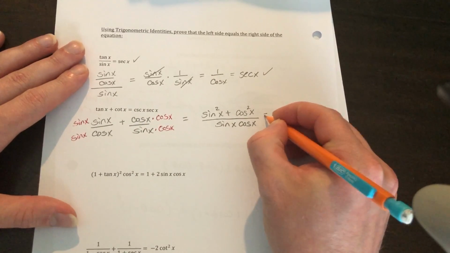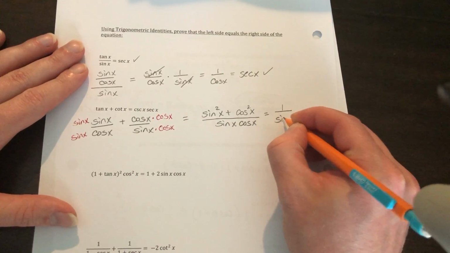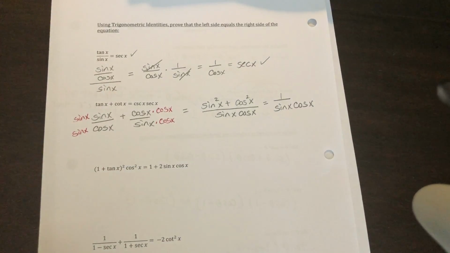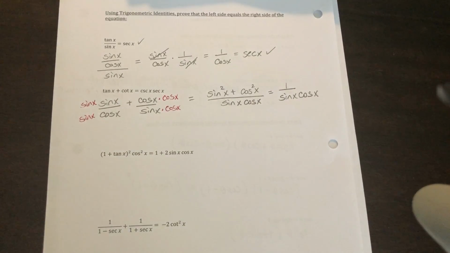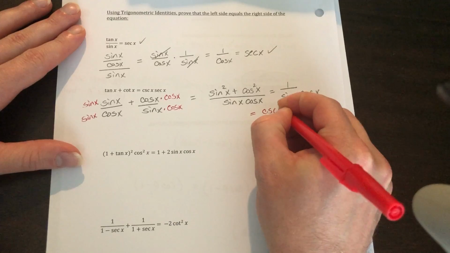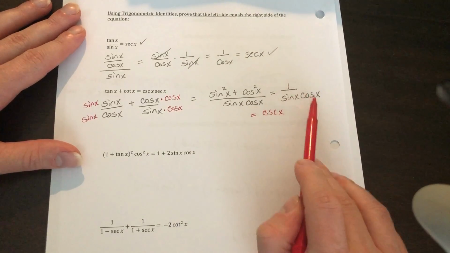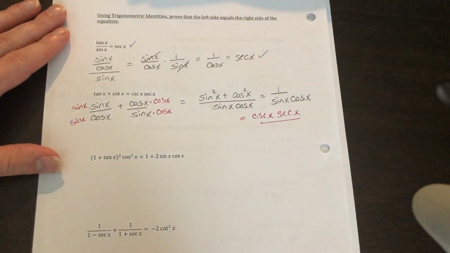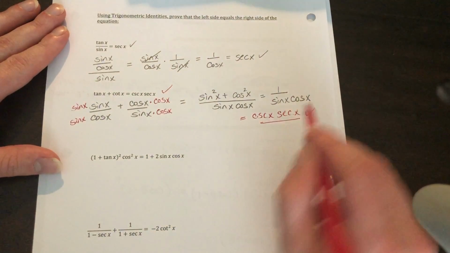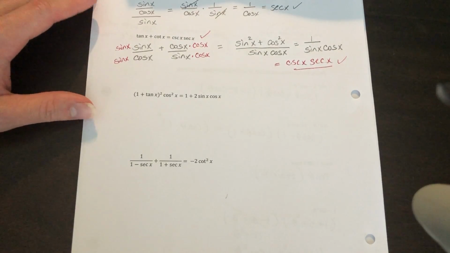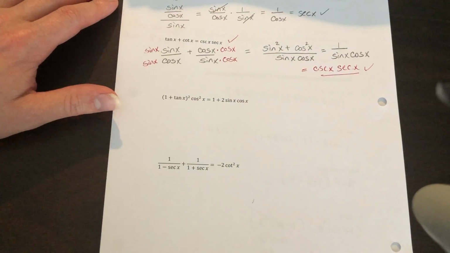So we're going to go ahead and substitute that. 1 over sine of x and cosine of x. Okay, now, 1 over sine is cosecant. And 1 over cosine is secant. And that's how we get our answer. Okay, next question.